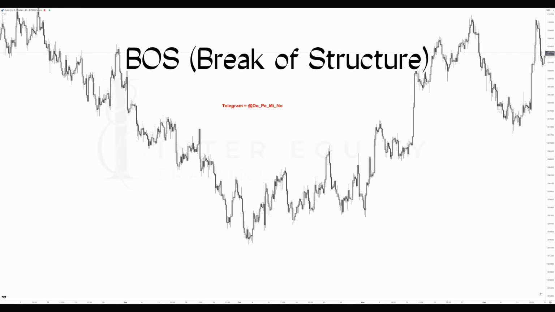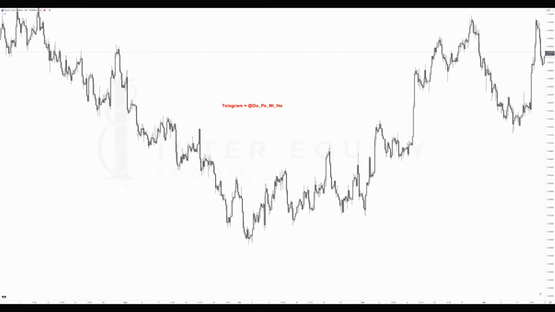All right, so next we're going to go into breaks of structure. As I mentioned, a break of structure is when price breaks a lower high or a higher low and switches its direction. So right here is an example of price being bearish. Price is in a bearish state. This is an example of a bearish market right here.